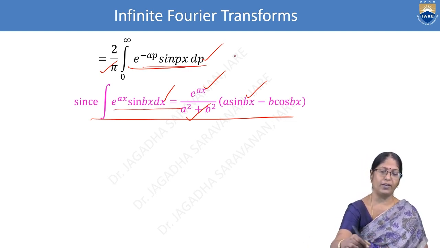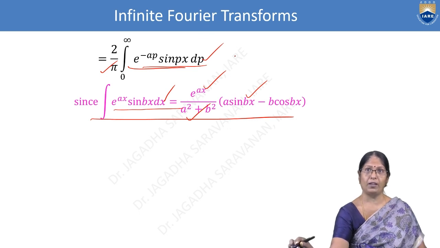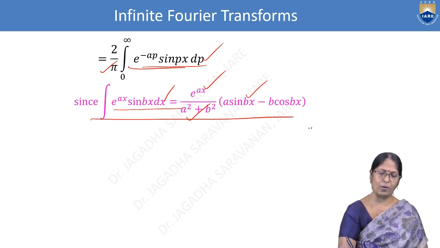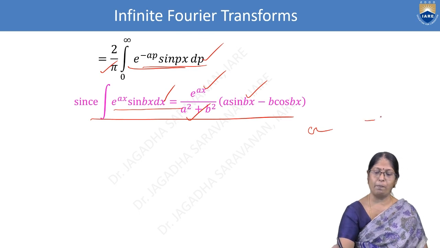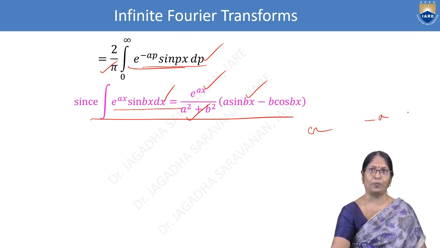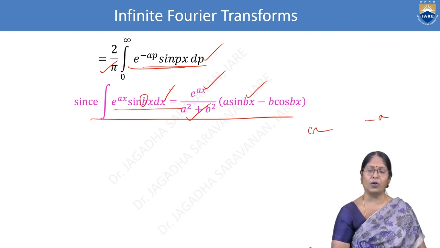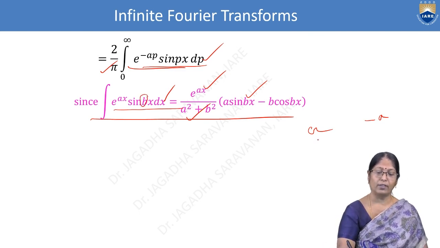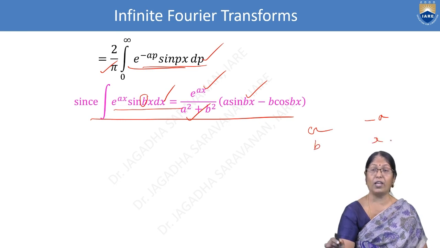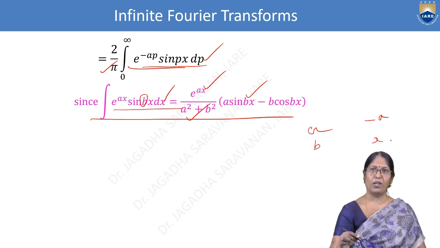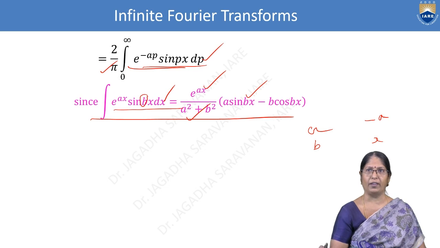In our problem it is playing the role of p. A in the formula, in our problem minus a is playing the role. Then what about b? b is playing the role of x. This is a very important step in the problem: comparing the formula with the variables, what role they are playing. After finding that, we have to substitute.